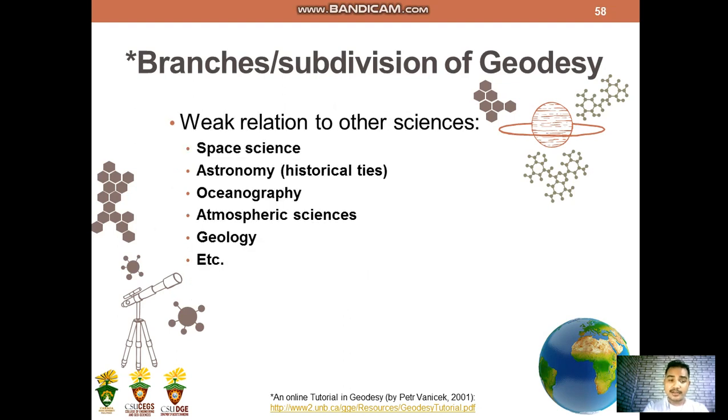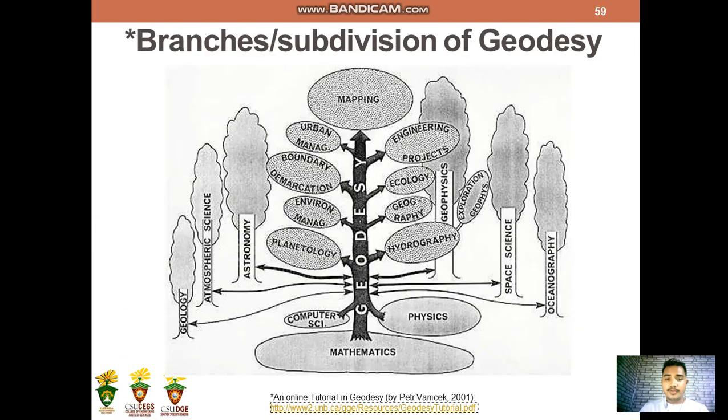We also have a weak relation to other sciences: space science, astronomy, oceanography, atmospheric sciences, geology, and so on. Here is an illustration of geodesy and its relationship with other sciences. As you can see, computer science, physics, and mathematics, the fundamentals, are the root.